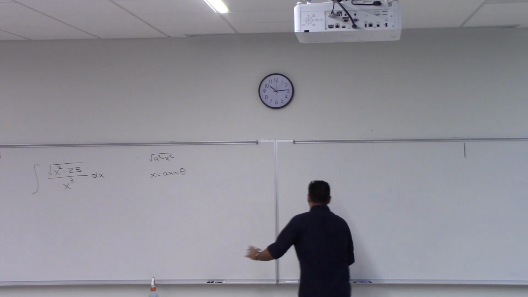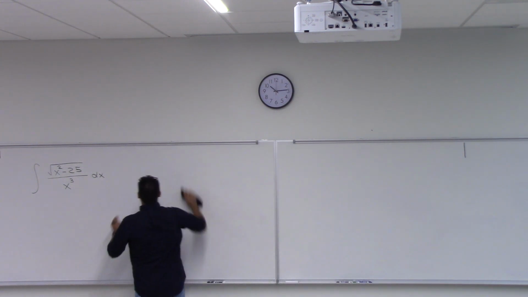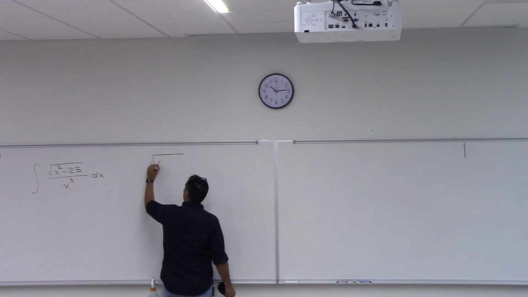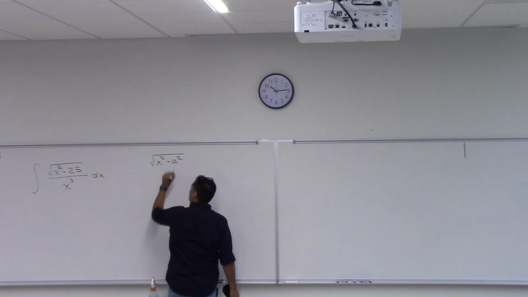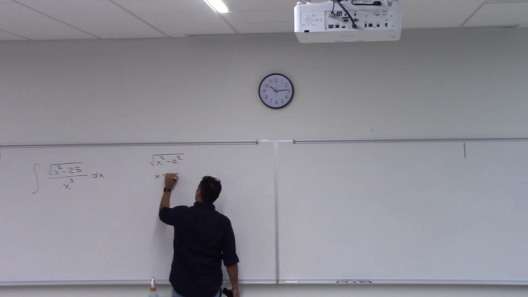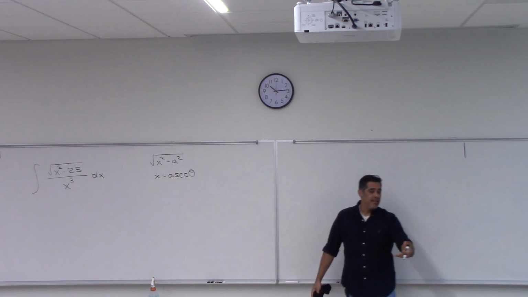Oh, I'm sorry. Yes. Why did I write that down? I don't know. It's Monday, maybe? That's why? Square root x squared minus a squared. And then we have x equals a secant theta. My apologies. All right, but still, what is a?